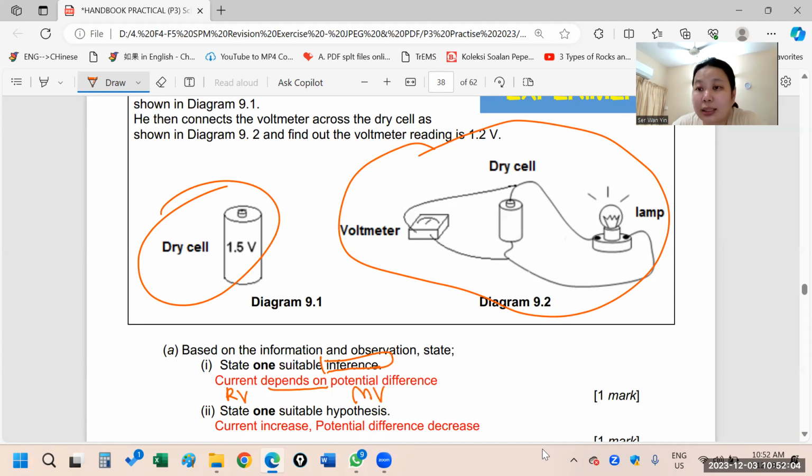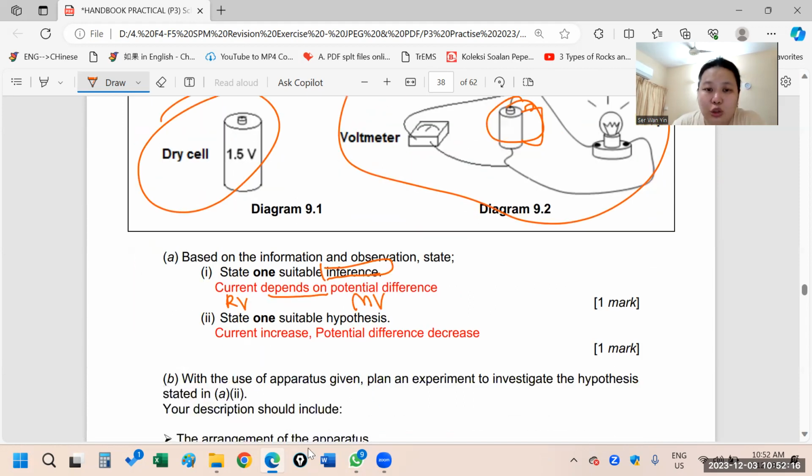Since this one has no rheostat, we are using different dry cells. So for this case, RV depends on MV. Then a suitable hypothesis: as MV increases, RV increases too. So this is the format if they ask for inference and hypothesis.